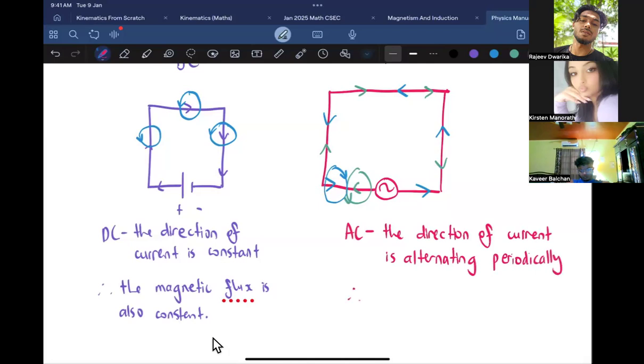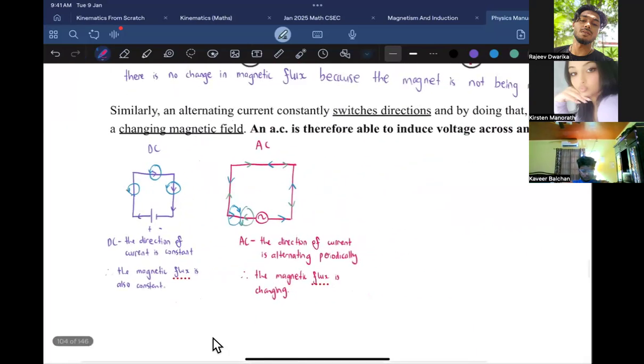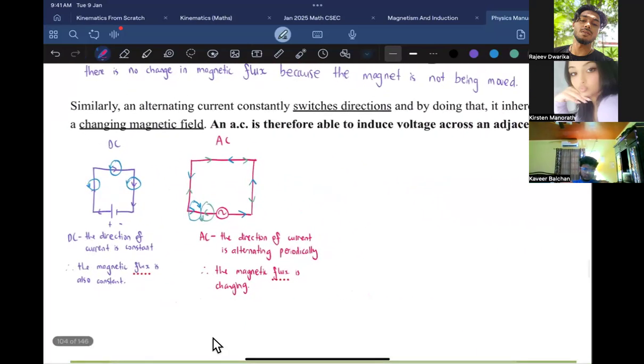Therefore, the magnetic flux is changing. So you can copy down this diagram and do the explanation right underneath this.